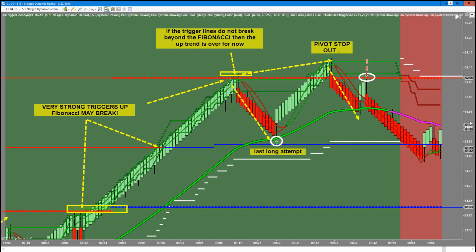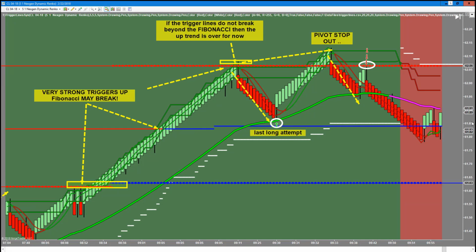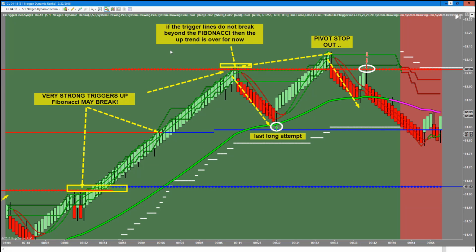So again, this is really, really typical of what happens almost every day. Strong triggers break fibs, strong triggers break fibs, strong triggers finally don't break the fibs.